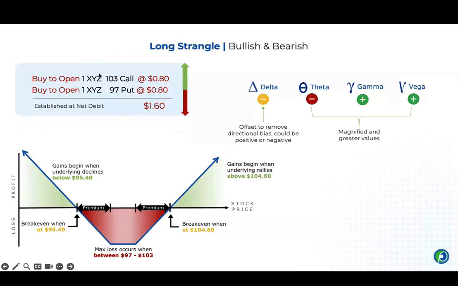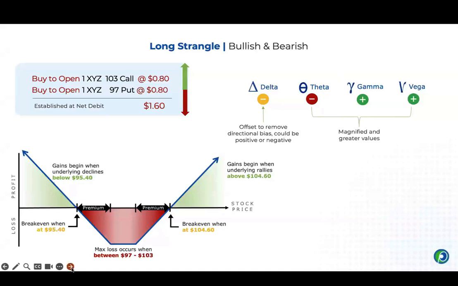So you have a slightly out-of-the-money call and a slightly out-of-the-money put. Since they're slightly out of the money, they're going to be a little bit cheaper. But remember, this is movement that you'll need, and you'll have a directional bias of some sort. It has the same Greeks as the long straddle. It also depends on where you select your strikes.